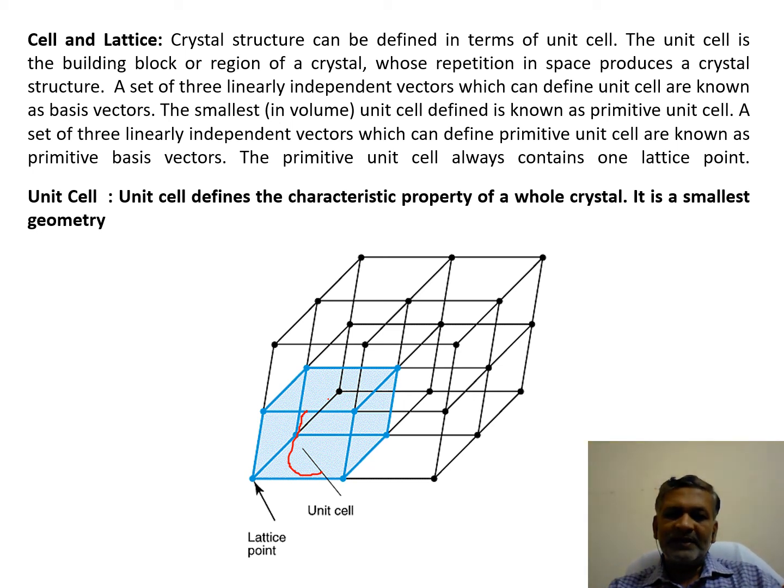It is the smallest geometry, also called the minimum volume cell, and it represents the characteristic property of the whole crystal. Therefore, the unit cell is the smallest geometry that represents the characteristic property of the whole crystal.